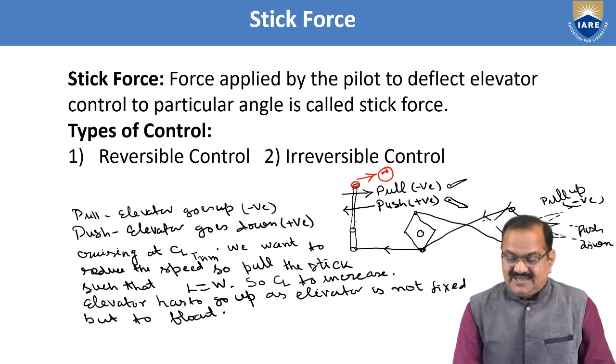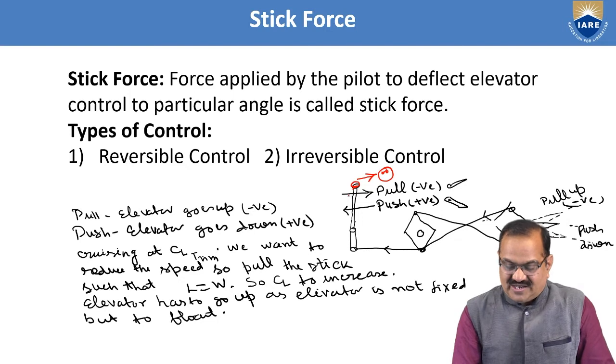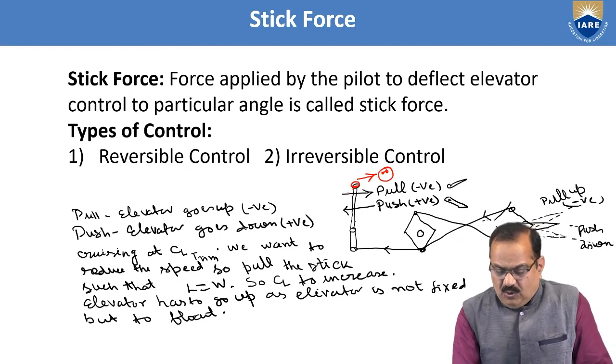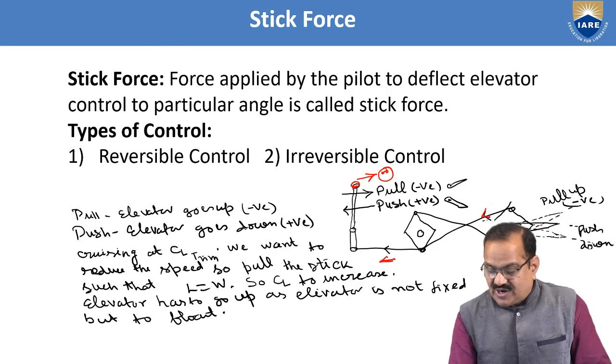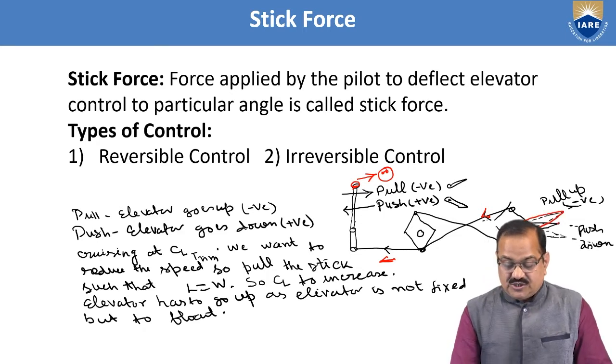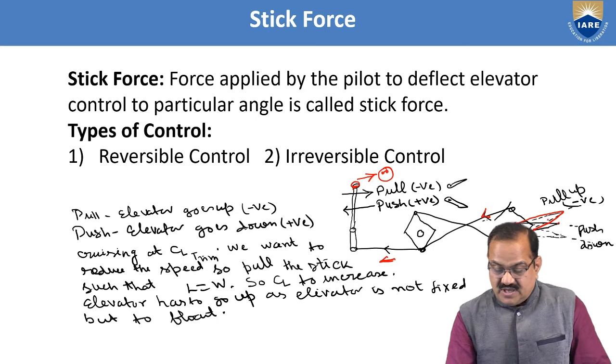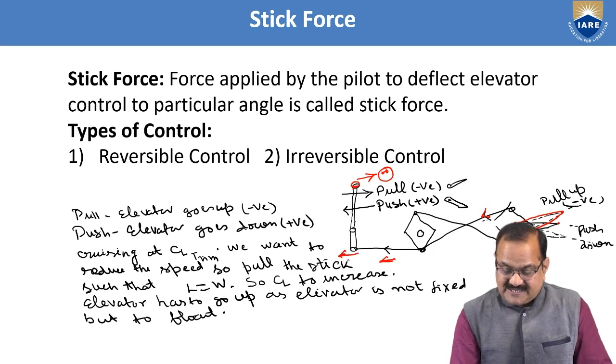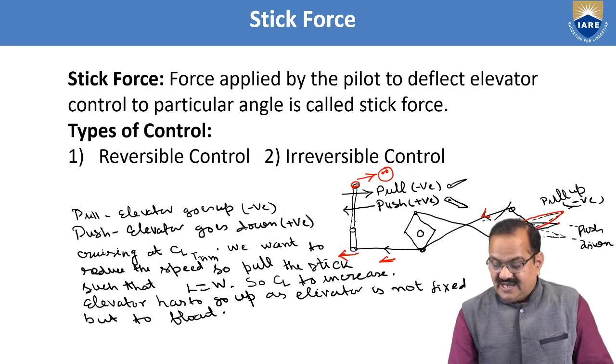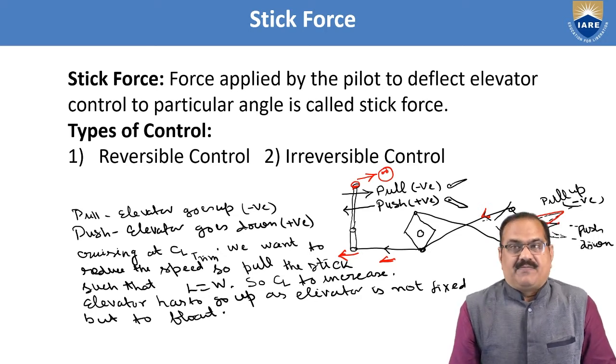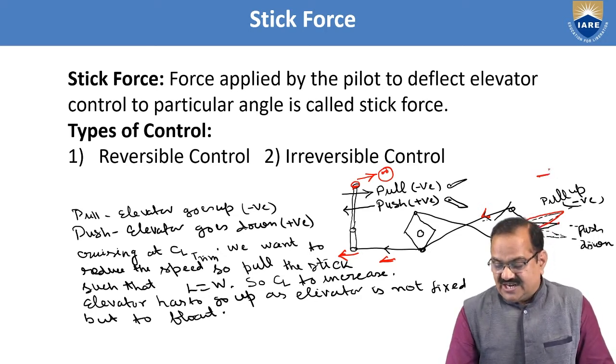So in this diagram, you can see that if you pull this rod, then by the pulling, this will move in this direction and this will move in this direction. So your elevator will move upwards like this. For the pulling, it will go like this and your elevator will go up. Up is called the negative.